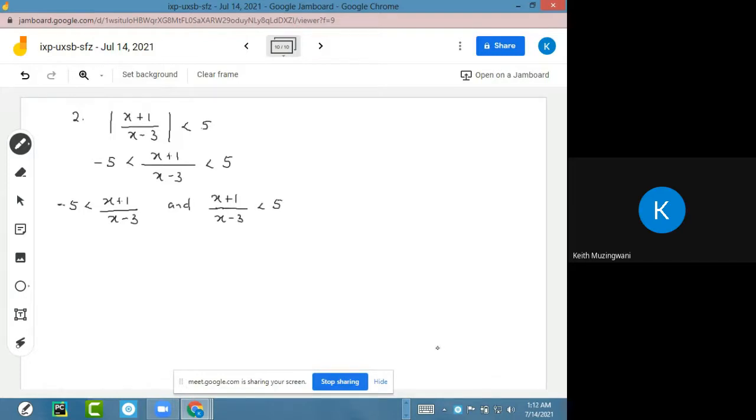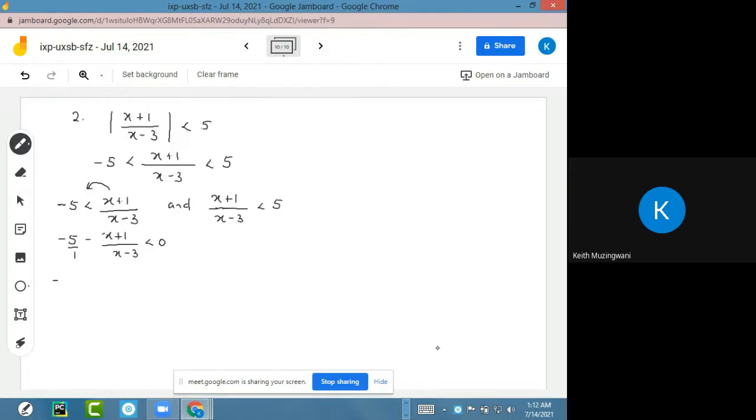So the first piece, we can take this to the other side so that we have -5 minus x plus 1 over x minus 3 less than 0. So over 1 here. Let's solve this first, then we'll get back to the other piece.